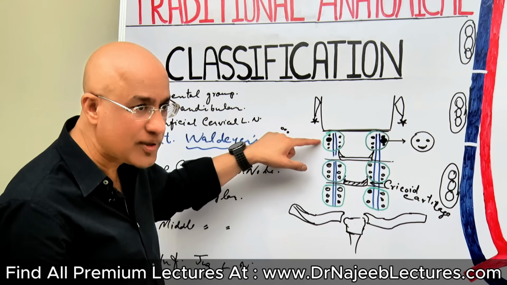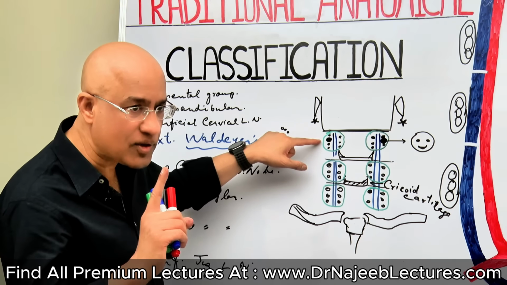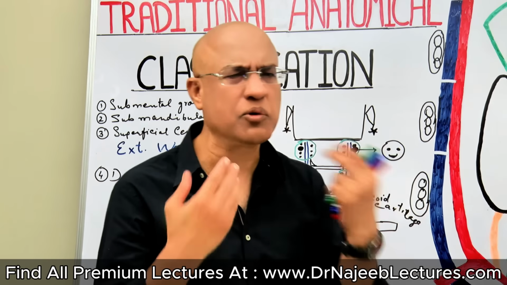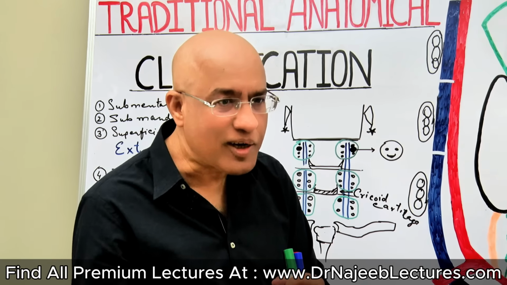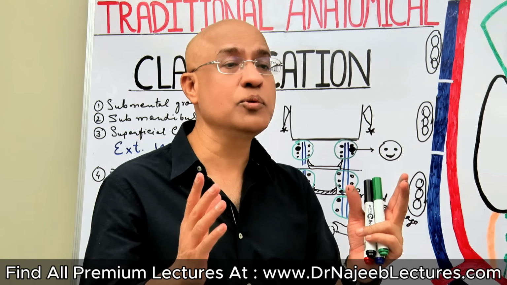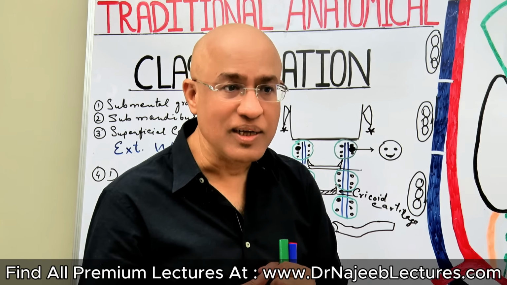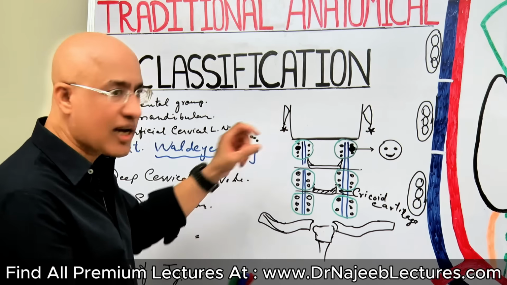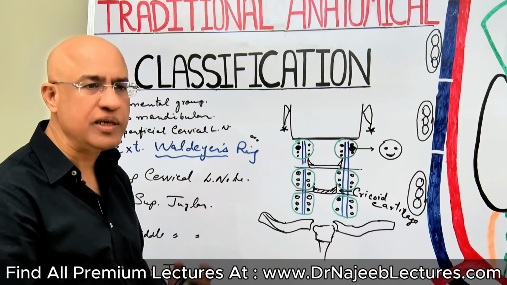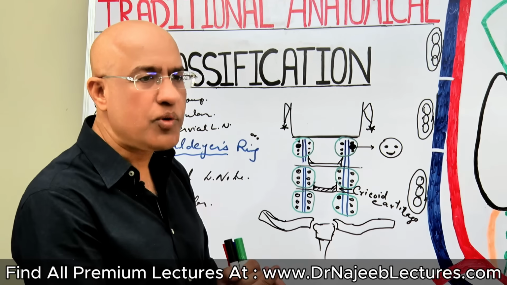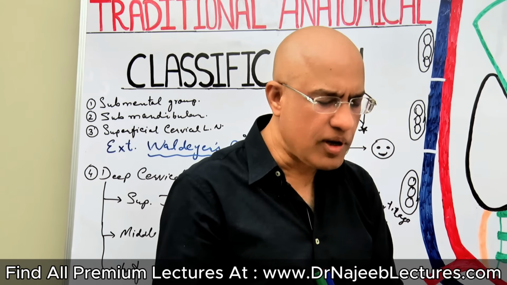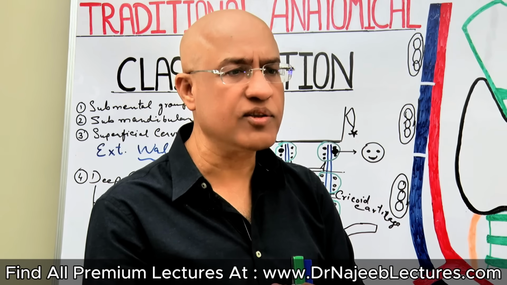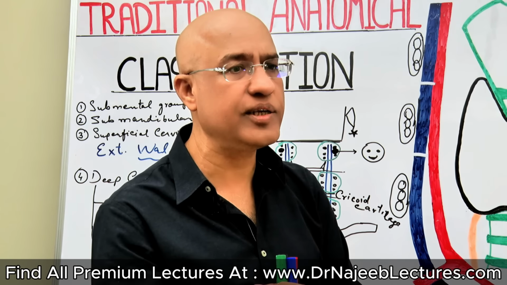When someone talks about palatine tonsil lymphoid tissue drainage, if you are an average doctor, an average student, you say it goes to the neck lymph nodes. You're a little better, you will say it goes to the deep cervical lymph nodes. More specific, it goes to the upper group of jugular lymph nodes. But super specific should be when someone asks you where the lymph drains from the palatine tonsils, because the palatine tonsil or tonsillitis is very common, so I thought at least this drainage I should mention.